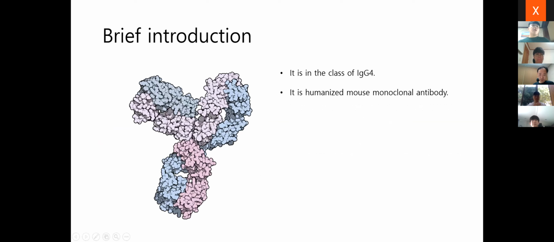This drug looks like this picture, and it is in the class of IgG, specifically IgG4. It is made from mouse, and scientists humanized it to be used in the human body.